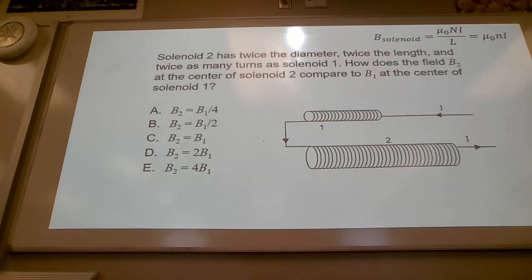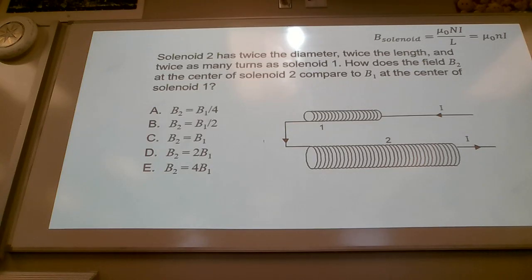Correct answer is? Good question. Just assume it is. If they say solenoid, assume it's perfect.